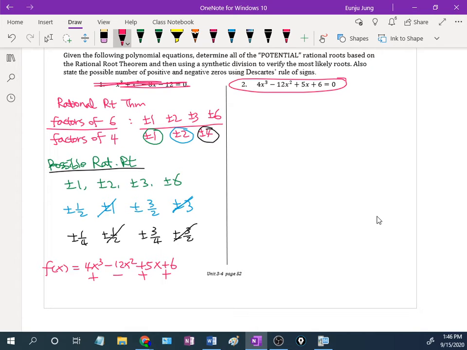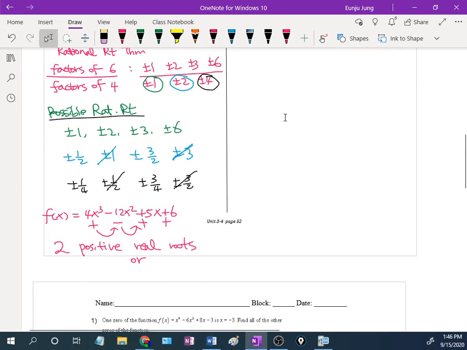How many sign changes occurred here? Once, twice. So I can say 2 positive real roots are possible. Or I can go down by 2, that will be 0, so there is no positive real root. Either way I can say it.